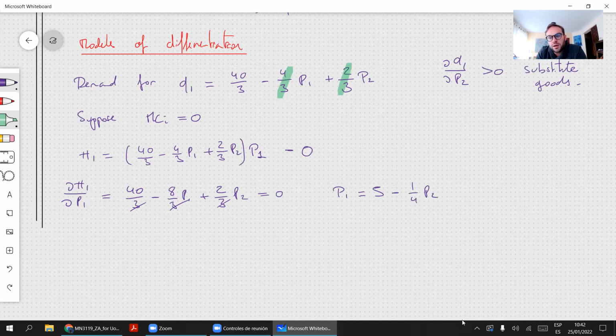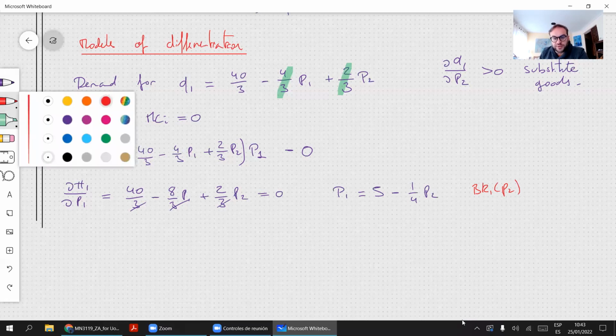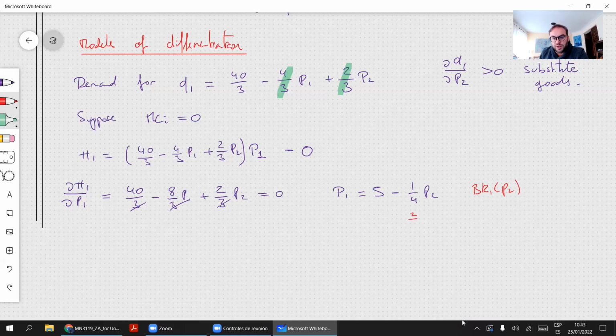And this is a best response function, right? This is the best response of one to the pricing policies of the other guy. And maybe notice that this quarter comes from 2 being divided by 8, and this 2 comes from here.